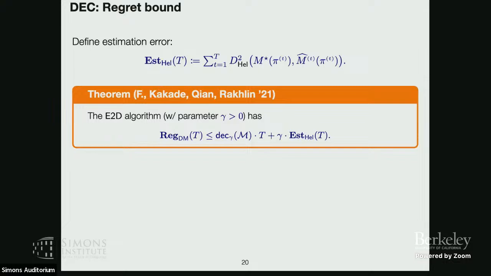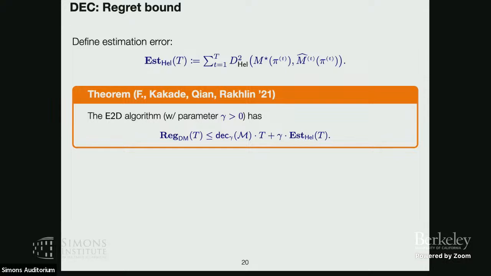This is just the cumulative Hellinger distance over all rounds, t equals 1 through T, of the Hellinger distance between the estimator we had at round t and the true model M star on the particular pi_t we encounter. So what this theorem says is if we run E2D with scale gamma, our regret is bounded by the DEC at scale gamma times T plus gamma times this estimation error.